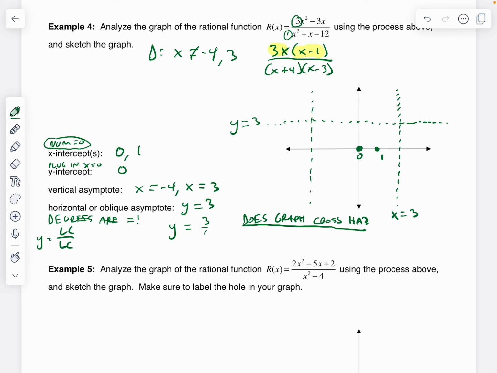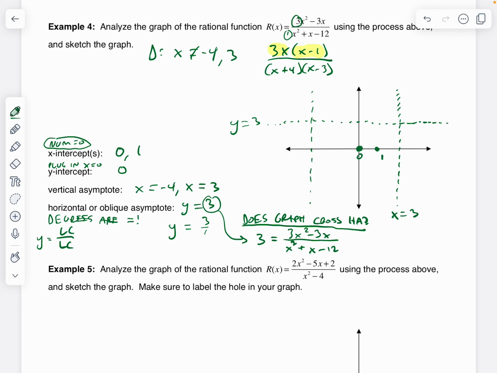Here's what we do. So we take the value of the horizontal asymptote, which is 3, and we set it equal to our function, 3x squared minus 3x divided by, and you know what, I'll use the original version, x squared plus x minus 12. All right, we want to solve this.